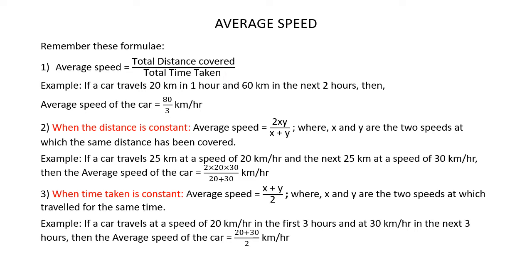For example, if a car travels 20 kilometers in 1 hour and 60 kilometers in the next 2 hours, then average speed of the car is equal to 80 divided by 3 kilometers per hour, because the total distance covered will be 20 kilometers plus 60 kilometers, which is 80 kilometers. Total time taken is 1 hour plus 2 hours, which is 3 hours. So average speed of the car is 80 divided by 3 kilometers per hour.